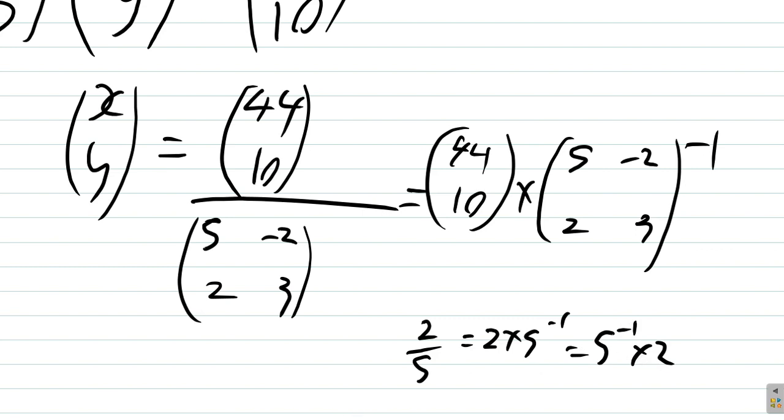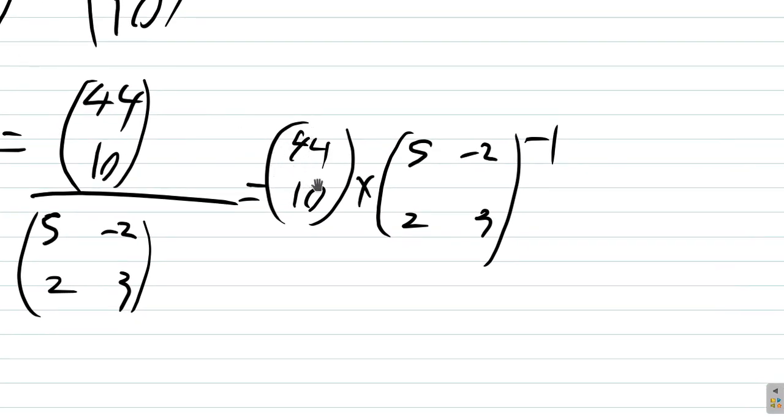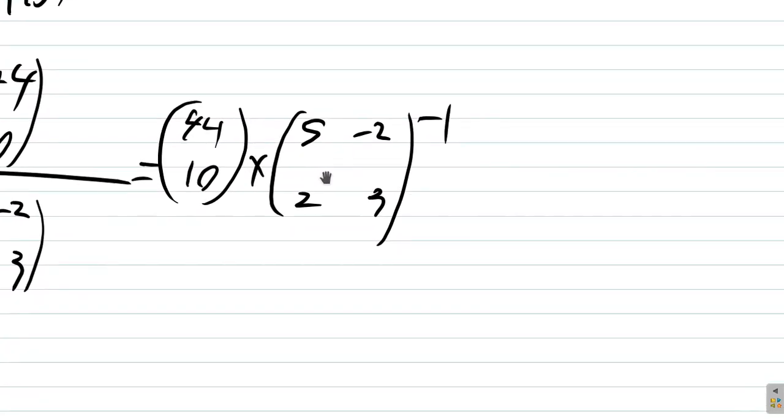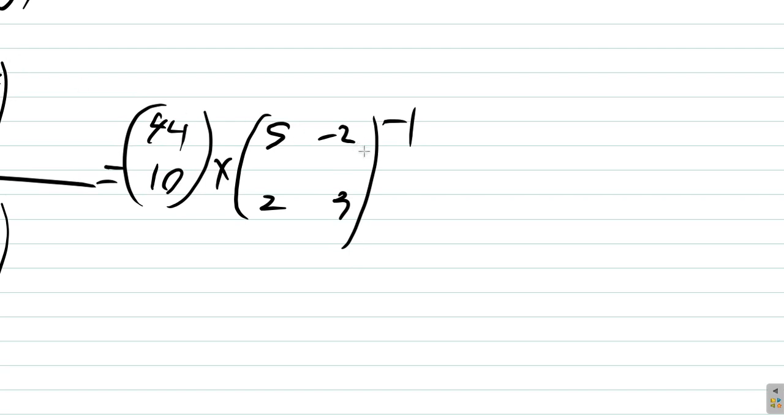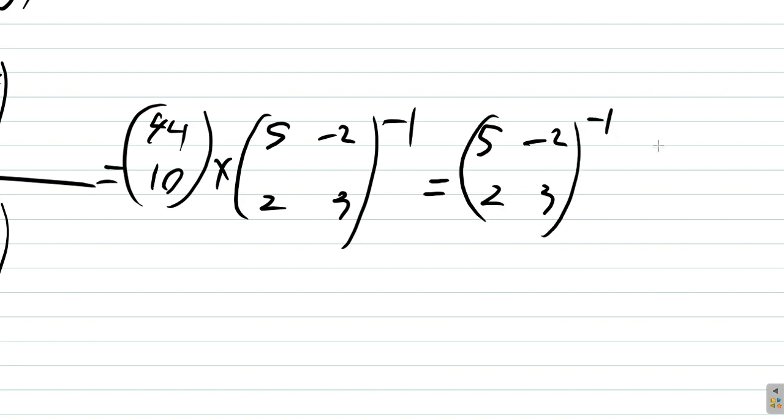Means the same thing as 5 inverse times 2. Remember that? What you think now is this. This would give you a 2 by 1 matrix multiplying a 2 by 2 matrix, which wouldn't work. But when you multiply matrices, you can switch them around. So it is 5, negative 2, 2, 3 inverse times 44, 10.